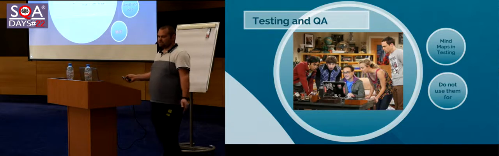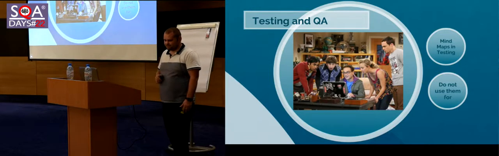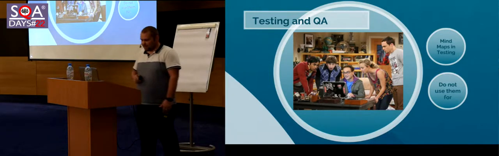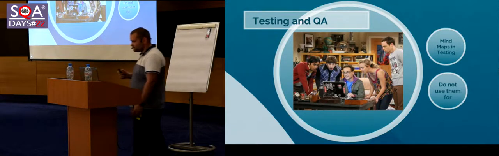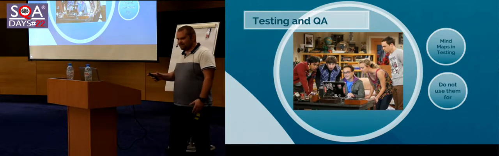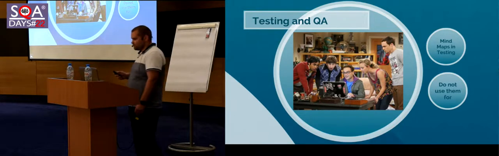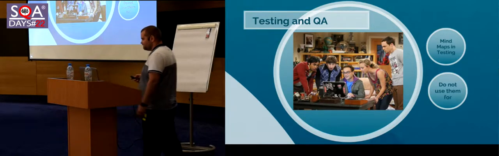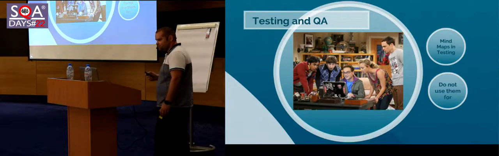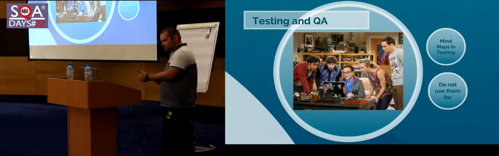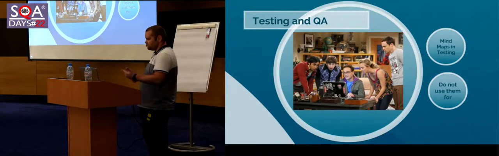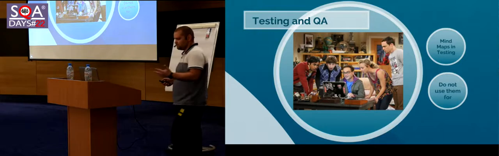And because we are at a testing conference, let's start with testing. And as Forrest Gump said, testing is like a box of chocolate. You never know what you're gonna get. However, you can be pretty sure that whatever you get, you need to analyze it, test it, report about it, change it, and so on.